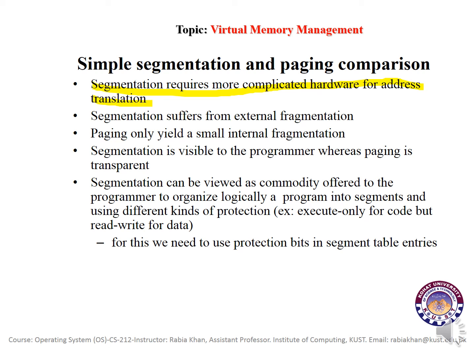Address translation of paging was quite simple, while the address translation of segmentation is a little tough, as we have to also compare the offset with the size of the segment to ensure that this is a valid instruction.